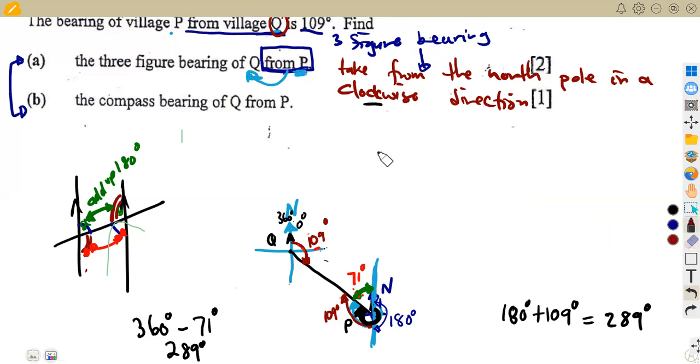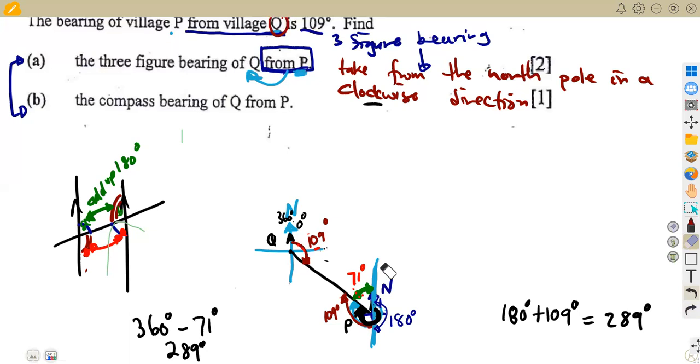Now, in our syllabus, they consider the north, but it's not supposed to be limited like that. Let me remove this part so that we can properly understand. I just want you to take note of these angles. Remember, here we've got 71, this angle here.